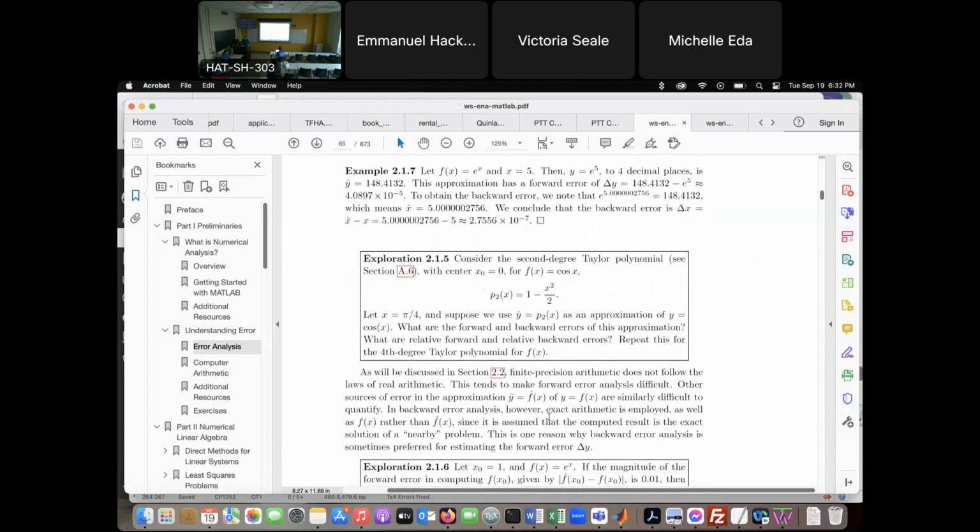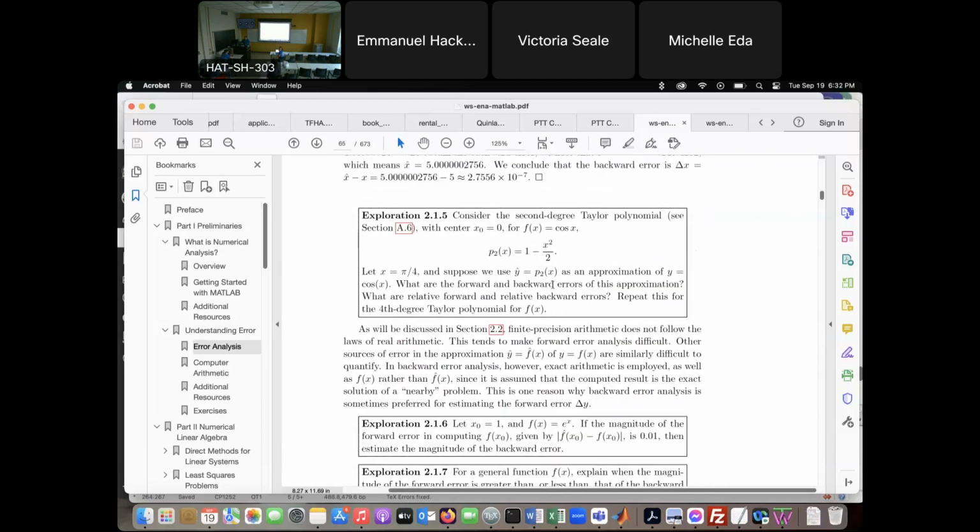Then you do the same thing for the fourth degree Taylor polynomial. What are the relative forward and relative backward errors?